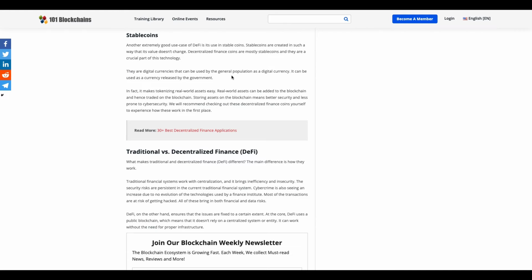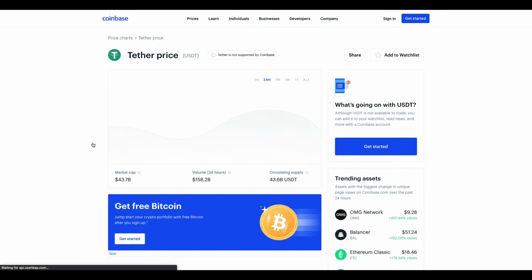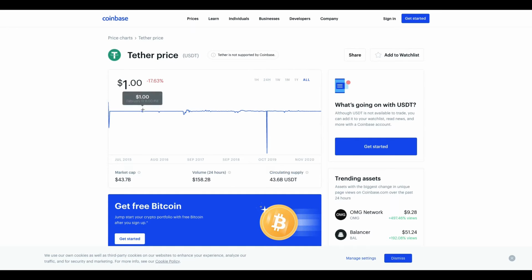I'm going to explain how I see stablecoins. An example of a stablecoin is Tether. Tether has a large market cap, and if you look at the graph here, no matter what, it stays at $1.